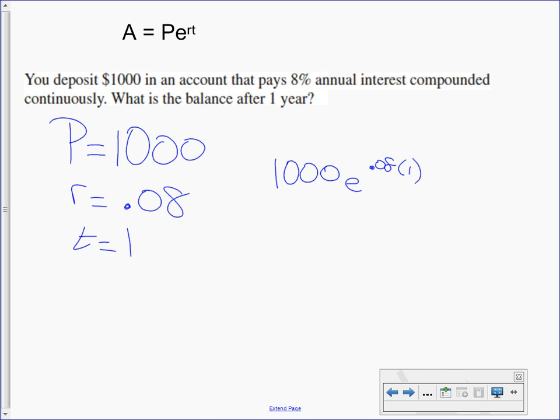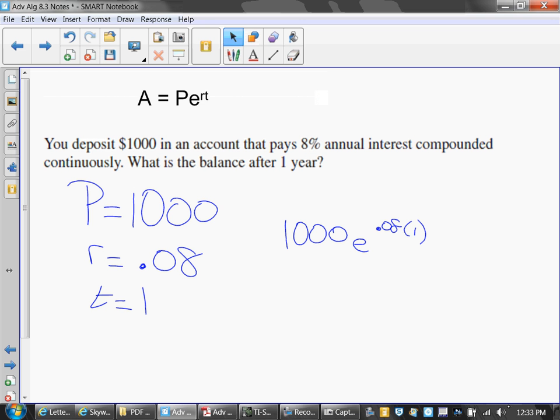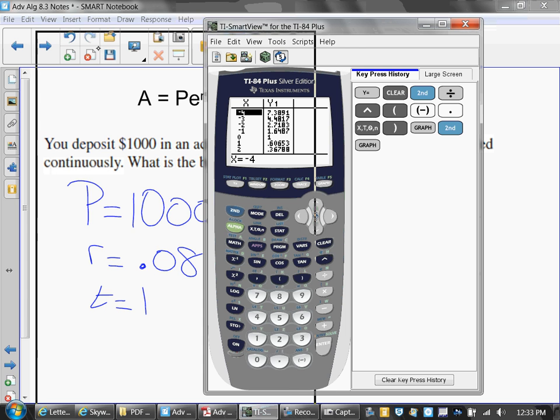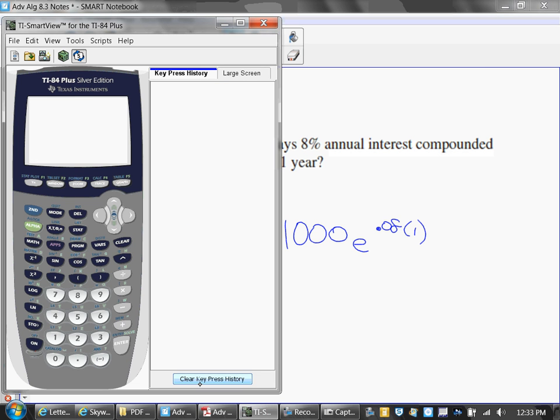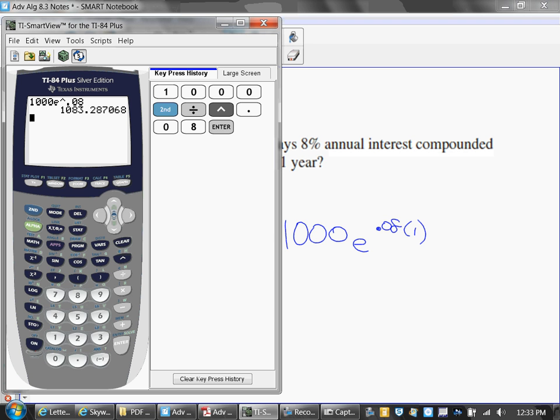Just use your calculator. $1,000 e to the 0.08. Did you guys all get $1,083.29? Okay. How much do you have after 7 years?